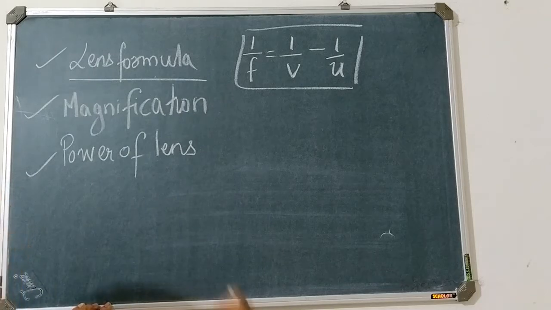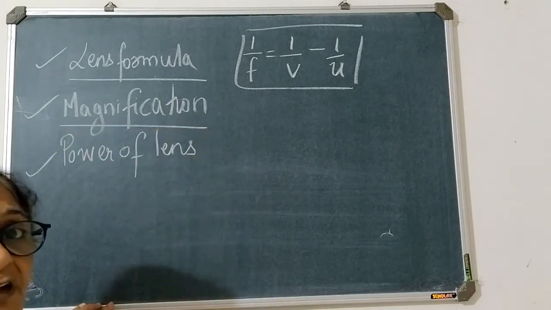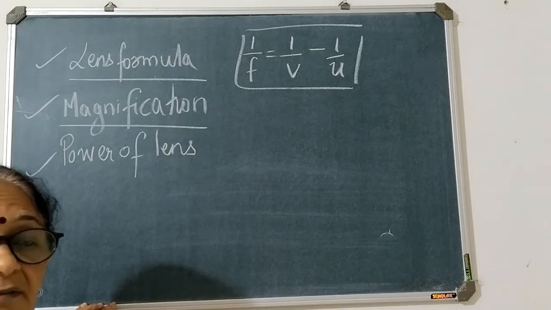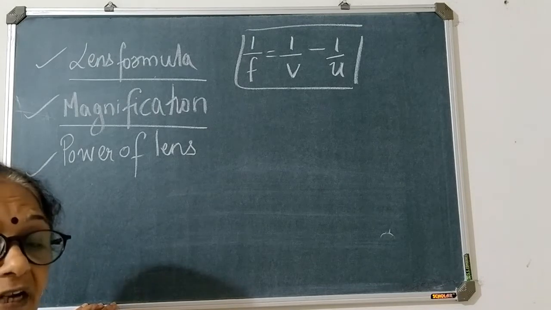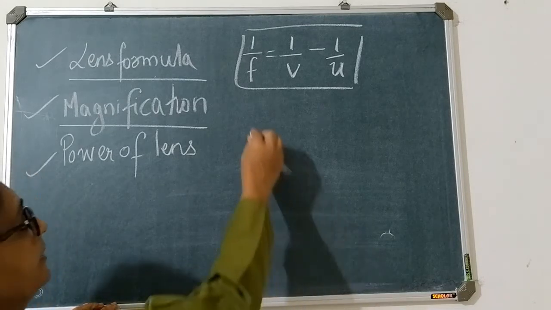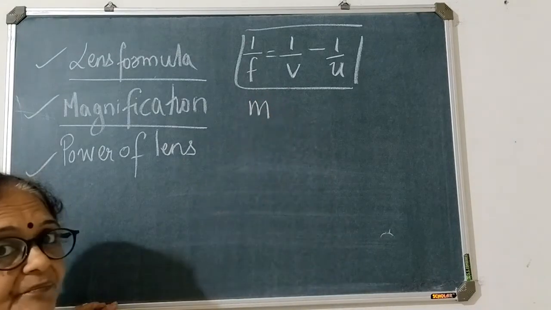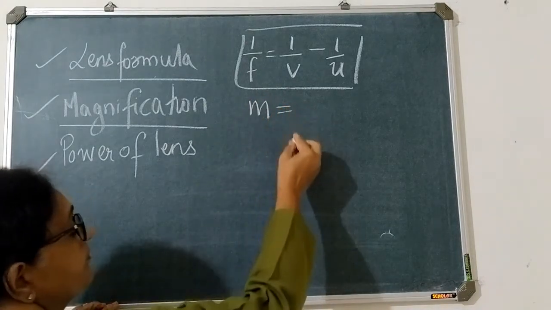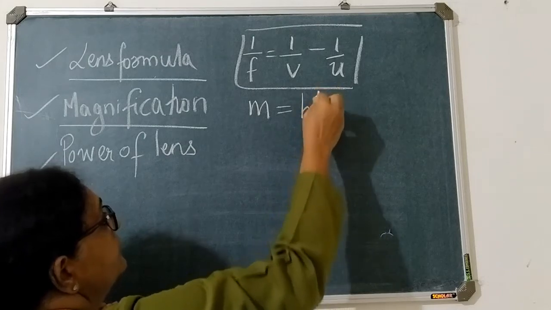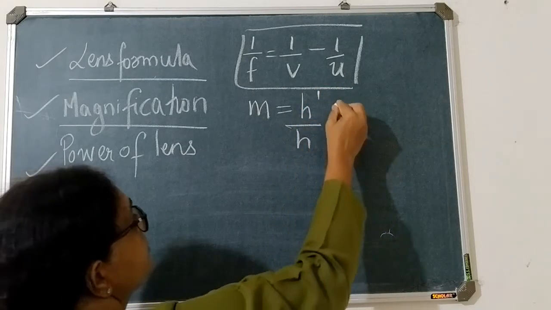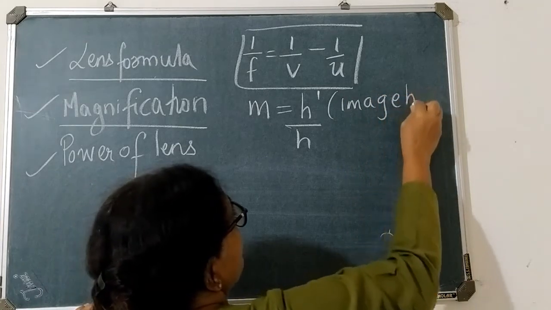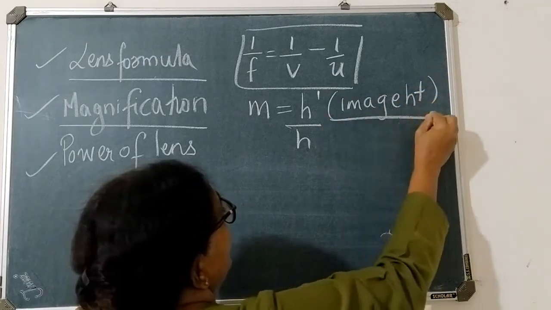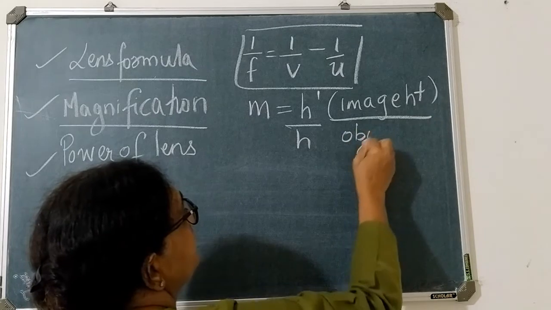Second thing what we are going to do is magnification. We have done this when we were doing mirrors also, but for spherical lenses the magnification m is given by, again, h dash upon h, where h dash is image height and h is object height.